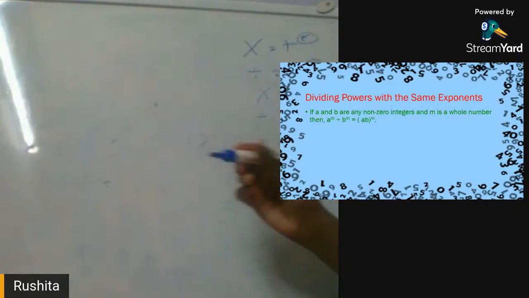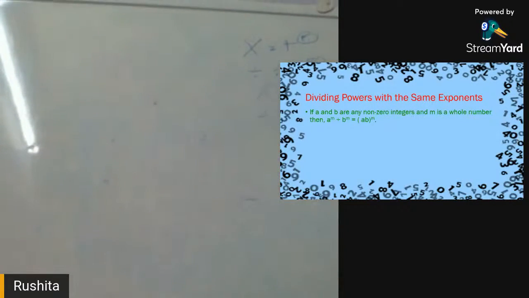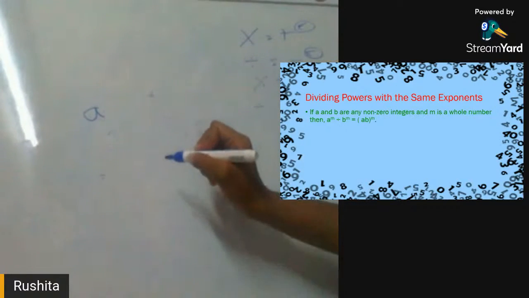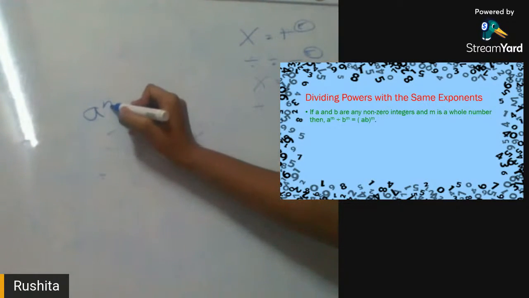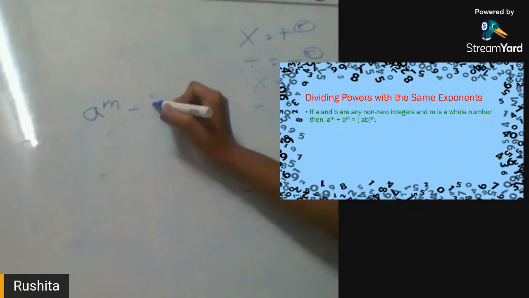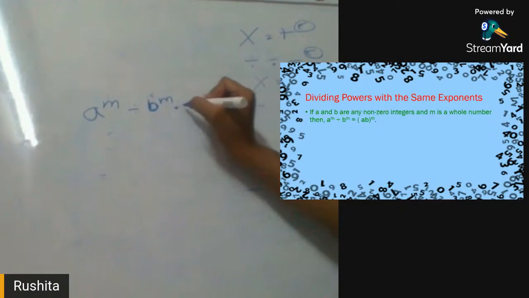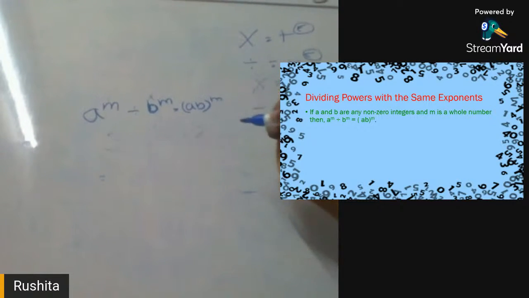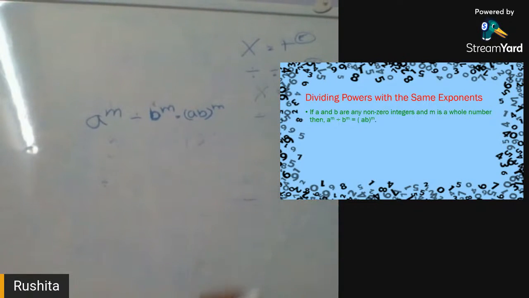So the formula is a to the power of m divided by b to the power of m, which is equal to a by b, to the power of m.